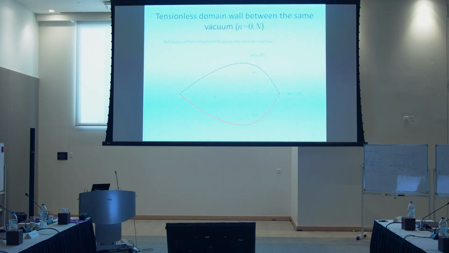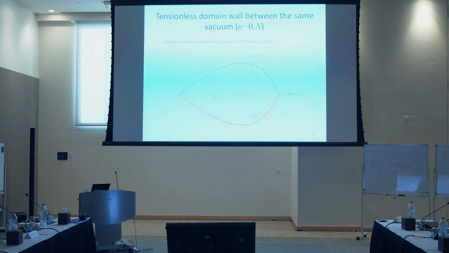And so this last domain wall is actually tensionless, because if you look at the formula for the tension, the W is the same to the left and to the right, so the total tension is 0. And so this is a tensionless object. On the Riemann surface, the behavior of the scalar field is as follows.